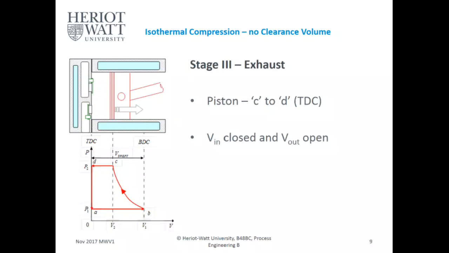So your inlet valve is closed and your outlet valve is open. Hence, your P2 equals your P outlet in this case. Now, this is your new pressure, and the P outlet is basically the pressure you wanted. Remember, you have your P inlet, and now you have your P outlet. And V2 equals 0 because we assume there is no dead volume, so your piston goes all the way to the top.